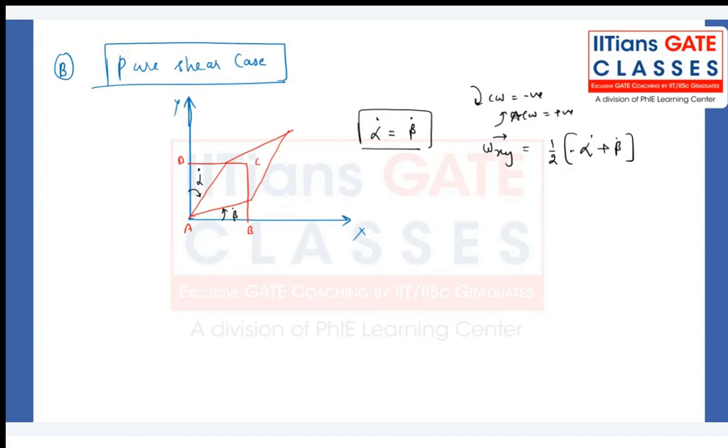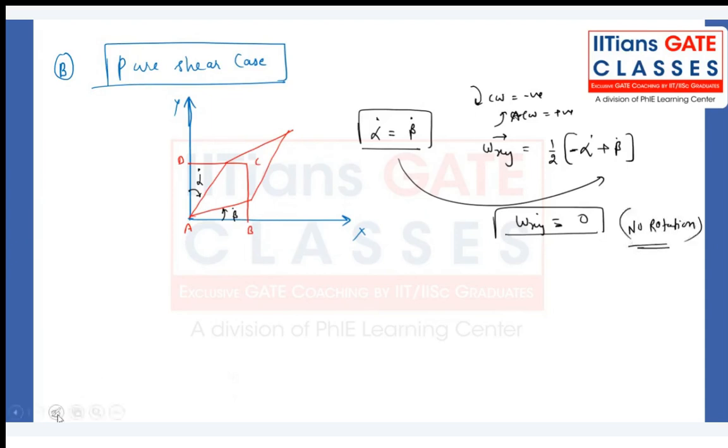So this is minus alpha dot plus beta dot. By putting this, what are you understanding? When both are equal, then this will be zero. There will not be any rotation in case of a pure shear case, right? So there is no rotation. But there is some kind of pure shear deformation happening, right?